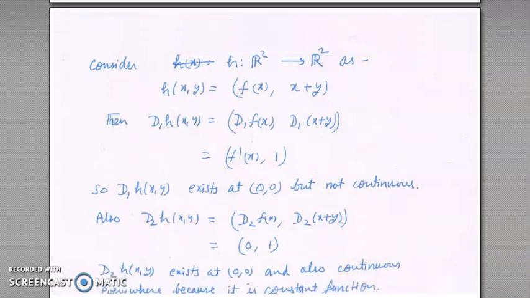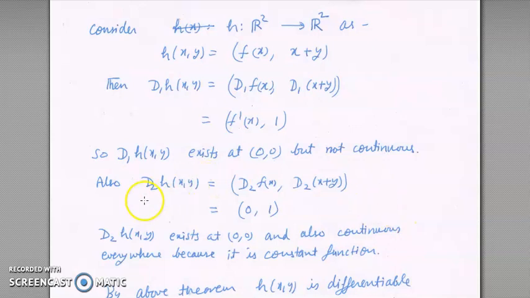Now take the second partial derivative D2 h(x, y). Because f(x) is not a function of y, D2 f(x) is 0, and D2 of x plus y, that is its partial derivative with respect to y, is 1. So this D2 h exists for all (x, y). We can say that it exists in a neighborhood of (0, 0), and also it is continuous because it is a constant function.